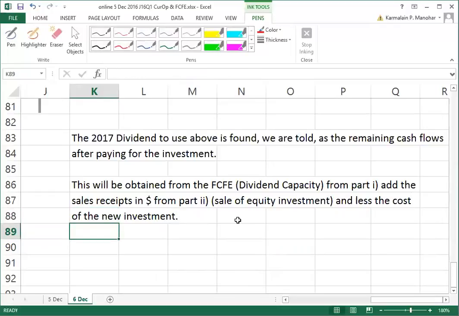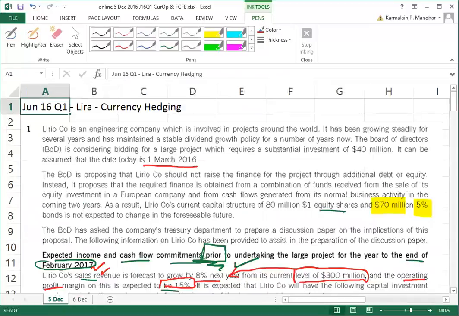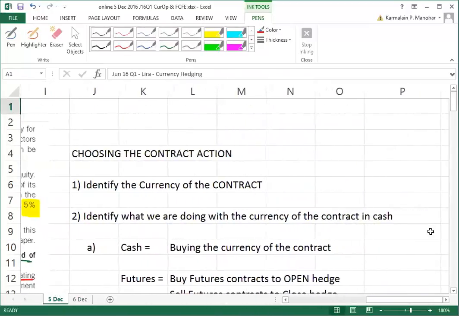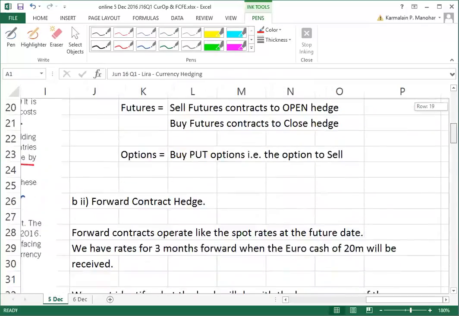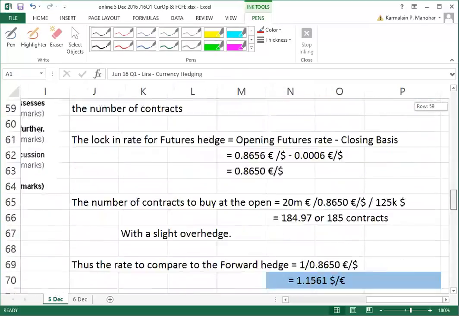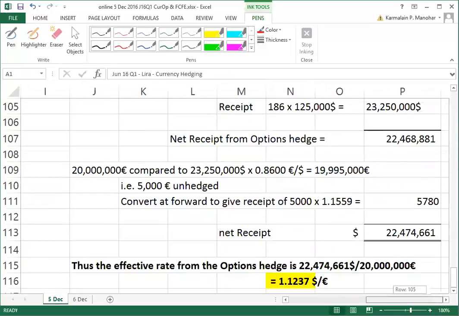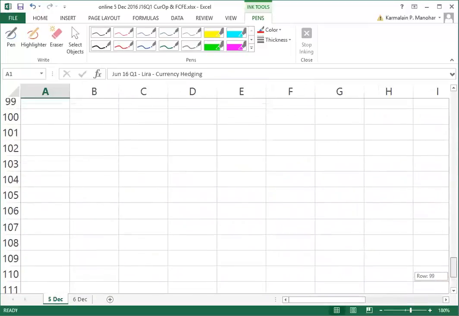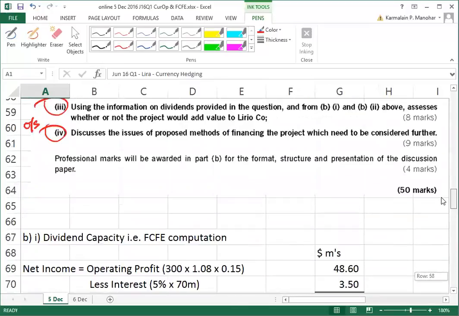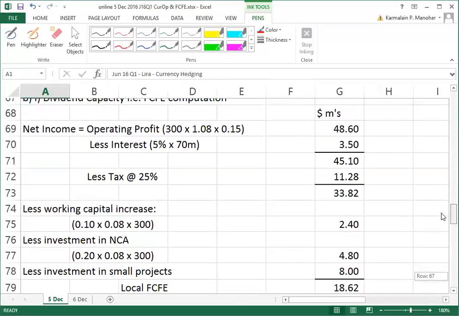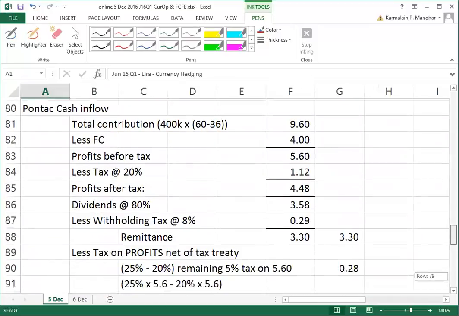So simply line that up. What was our FCFE? Anybody remembers? After we did all of that stuff last night, choosing a contract, with that contract, we came down here. I think it was over on the side here. Right. So we did all of this dividend capacity, FCFE income computation.